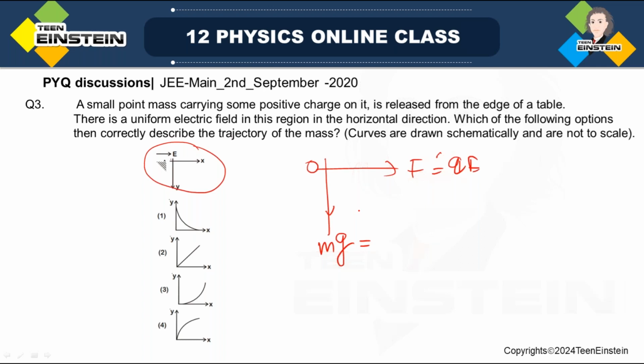So on the point mass there are two forces acting: one is mg, another is the electric force QE, one along i cap and this along minus j cap.